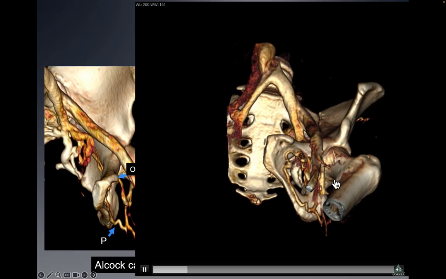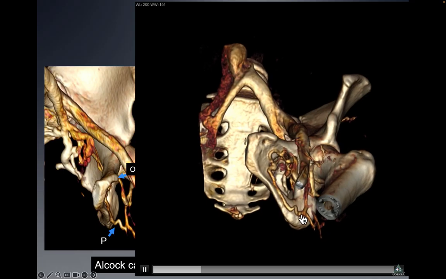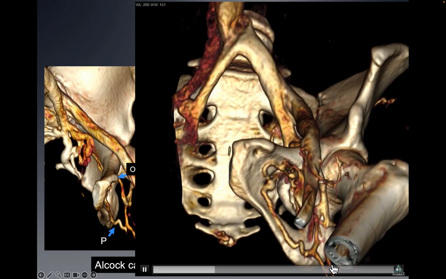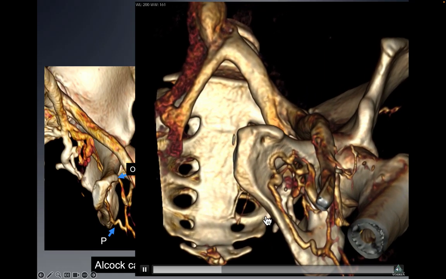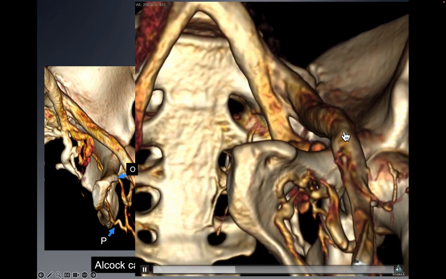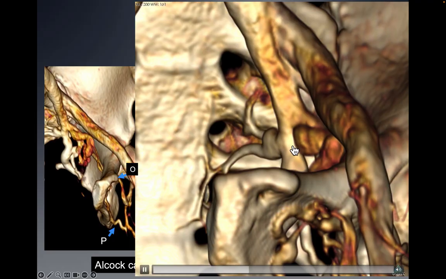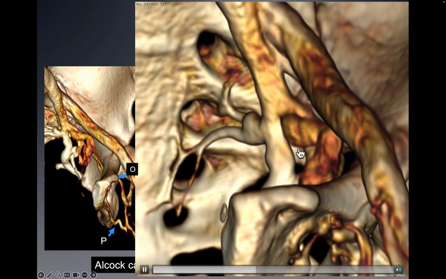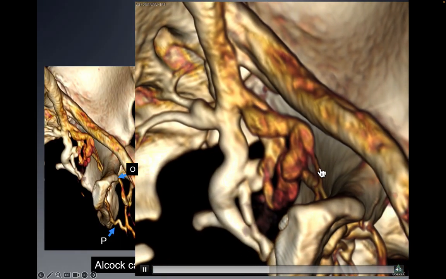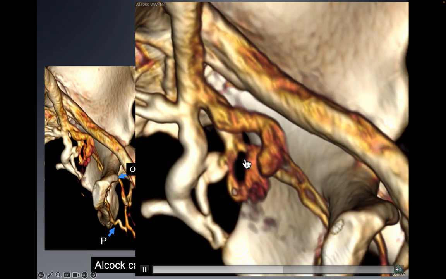And you see very nicely also the internal pudendal vein running in the Alcock canal and the P point here on the right. So you see here the common iliac vein, left common iliac vein, and hypogastric vein. And you see the two veins, obturator here and pudendal here, coming from the hypogastric vein.